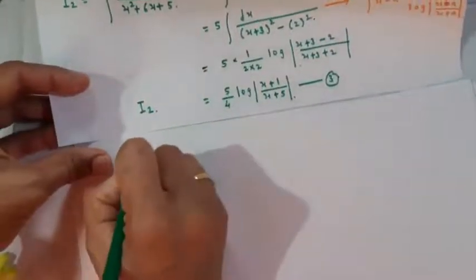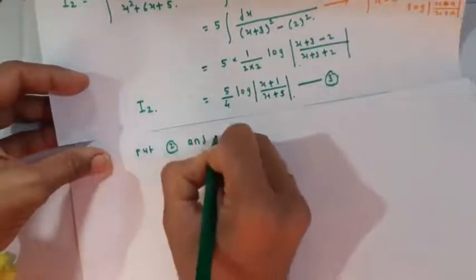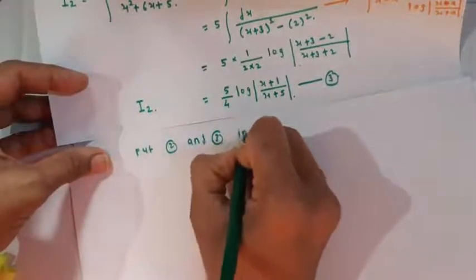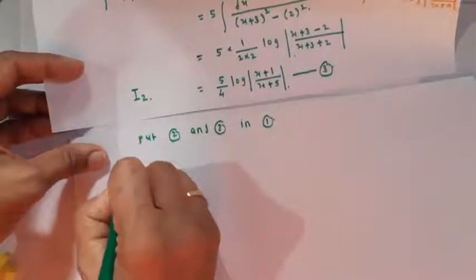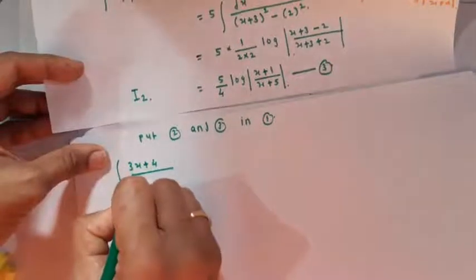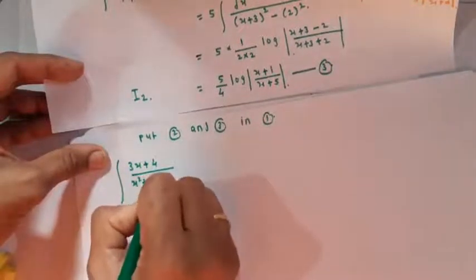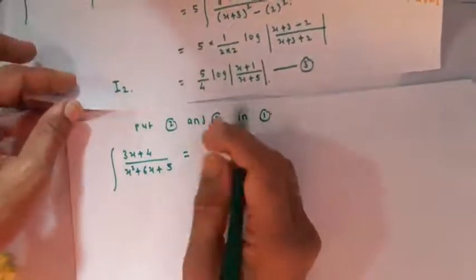Put 2 and 3 in 1, we will get integration of 3x plus 4 upon x square plus 6x plus 5 equal to I1 plus I2.